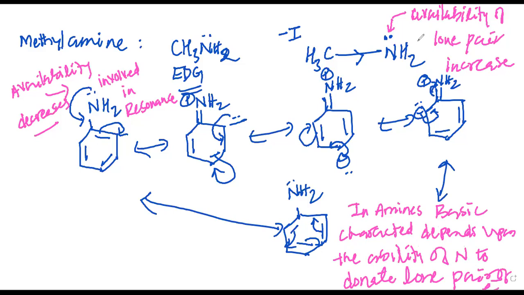So if the lone pair of electron is available more, it can be easily donated. But if it is not available, and if it is involved in the resonance, it cannot be easily donated. And that is why, my dear students, now you can easily answer this question.